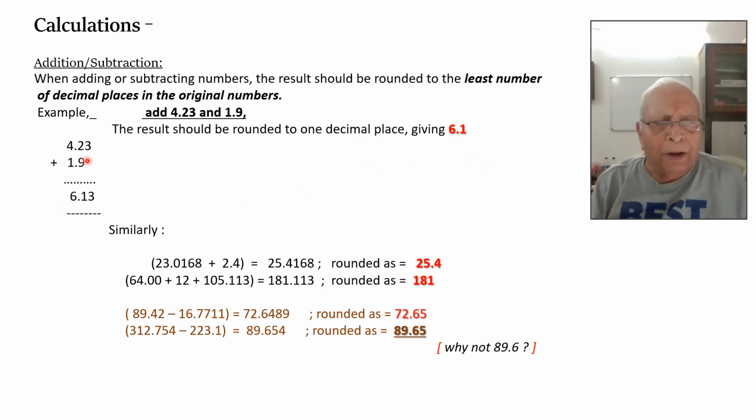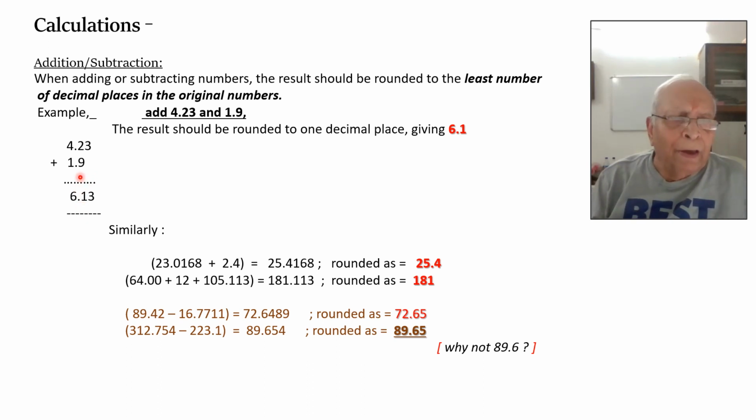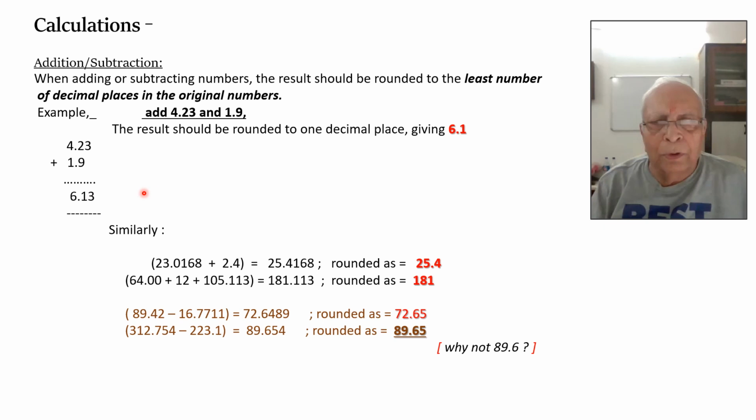Suppose we are required to add 4.23 with 1.9. We take care that the decimals of each number are in line, and simple addition is there. You get 6.13.